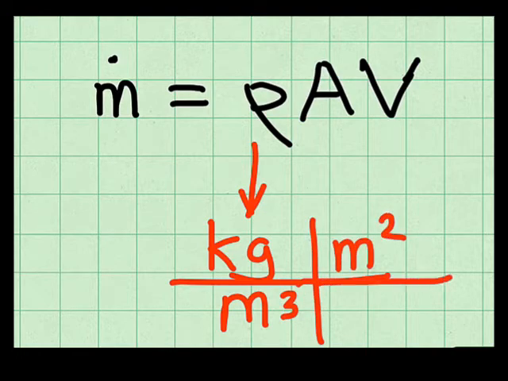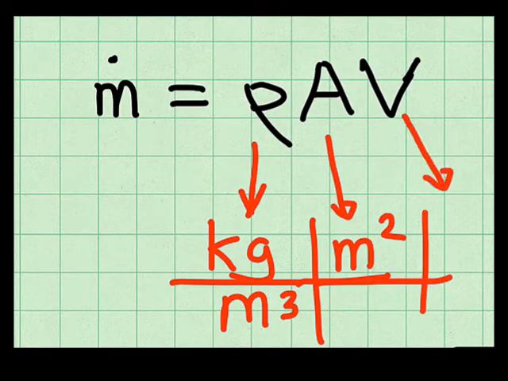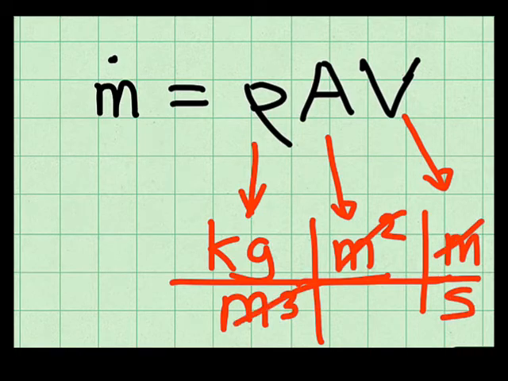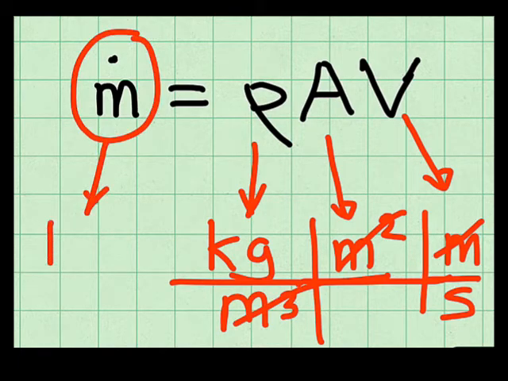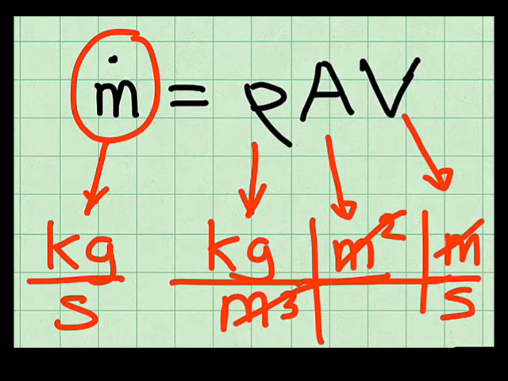And the units of velocity are meters per second. The meters cancel, and I get kilograms per second, which are the units of this term. And I use this basic idea of remembering units to help me remember many equations in engineering.